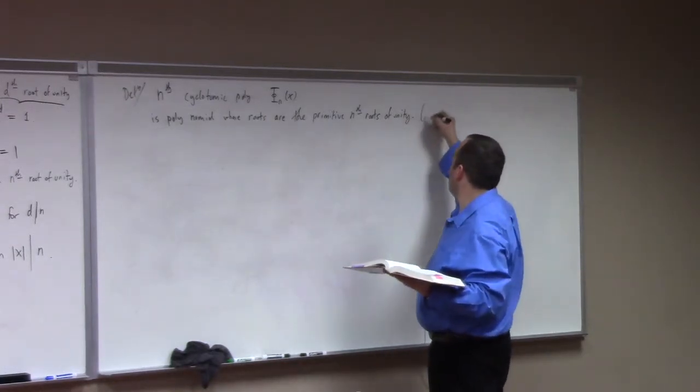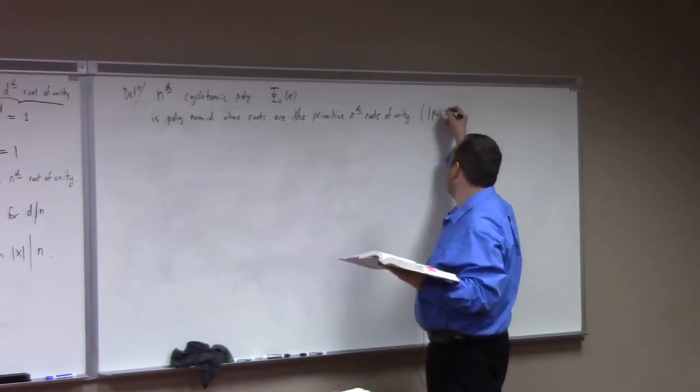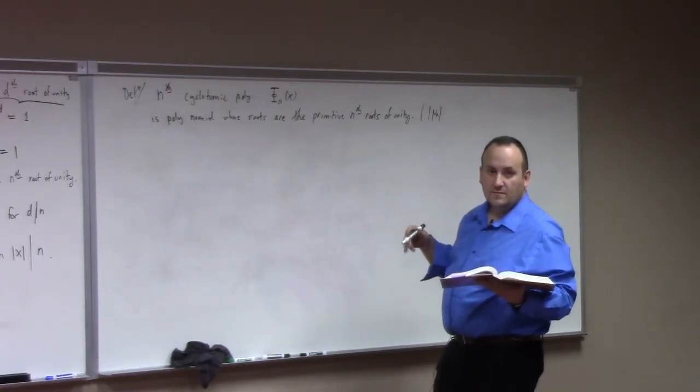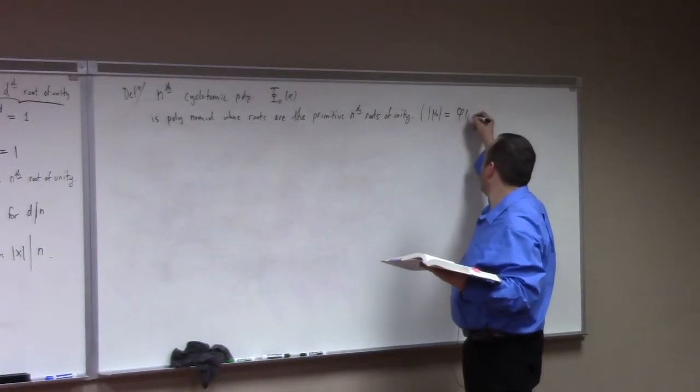It's the cardinality, if you will, of mu n, right? It's the number of, which is what would you say? Which is phi of n, right?